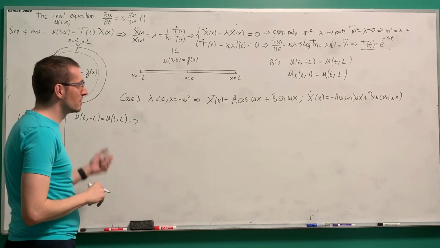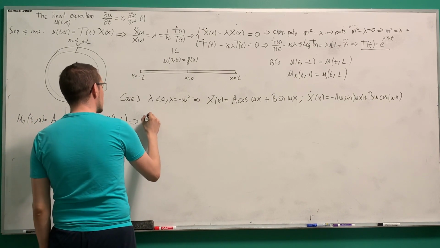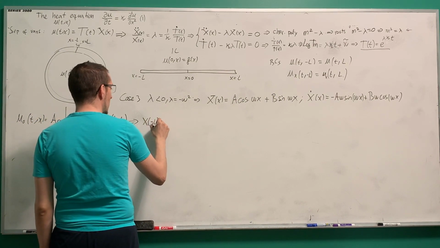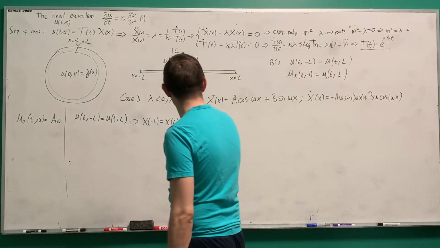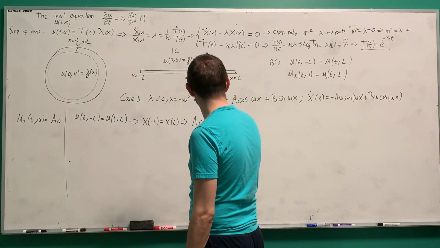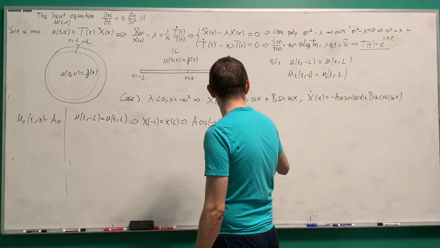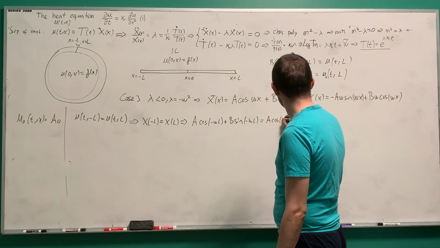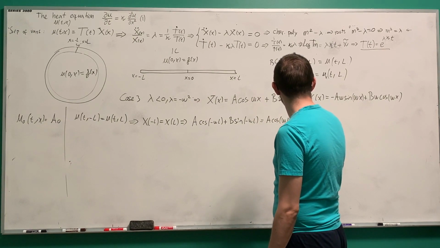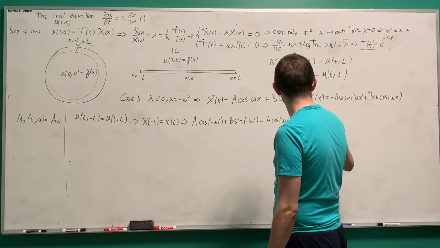The periodic condition on the function gives me that, of course, x of minus L has to be equal to x of L. That tells me that a cosine of minus omega L plus b sine of minus omega L has to be equal to a cosine omega L plus b sine omega L.